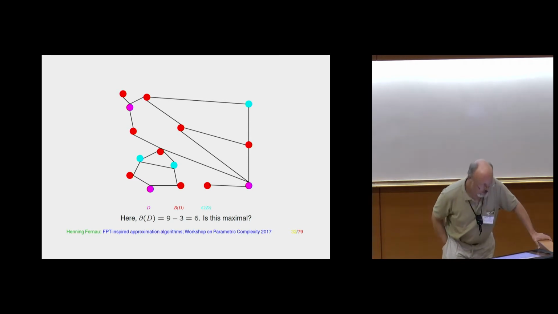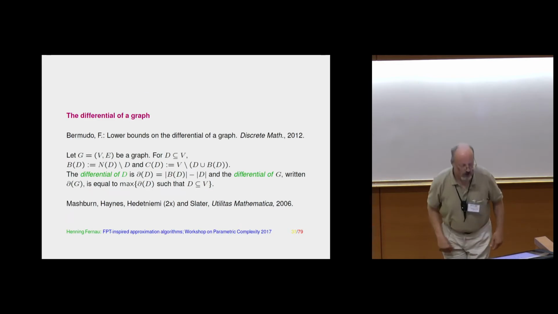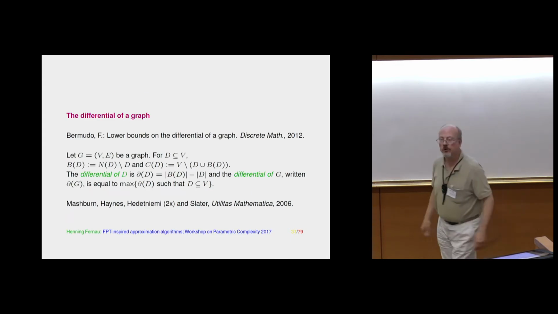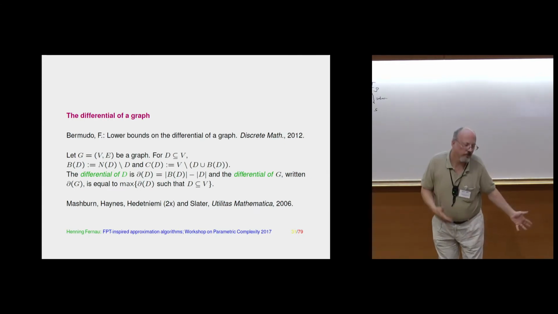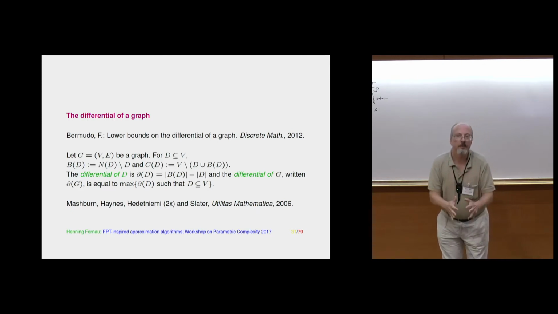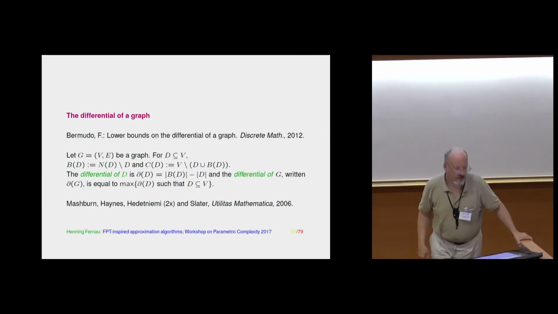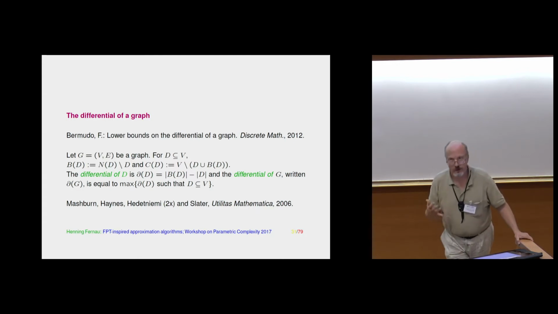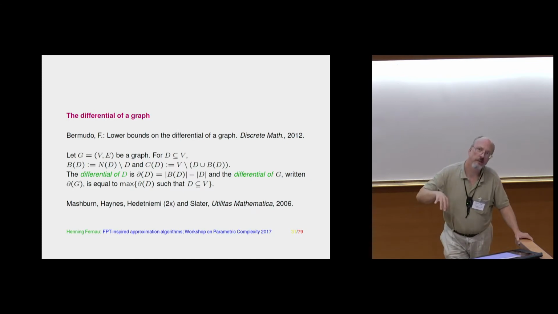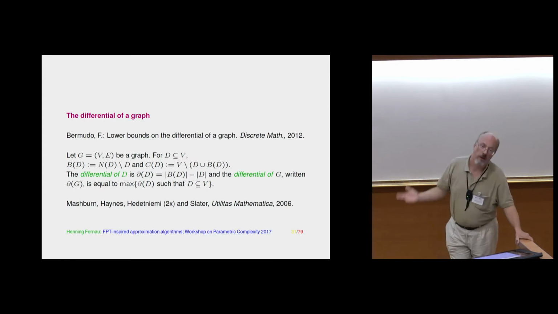Having now defined what the differential of a set of vertices should be, I'm not really interested in the differential of a specific set, but I want to maximize it, because this is the maximum influence that I can get. So I try to find the set of vertices D such that its corresponding differential is maximum among all the subsets of V, and this is now the differential of the graph.